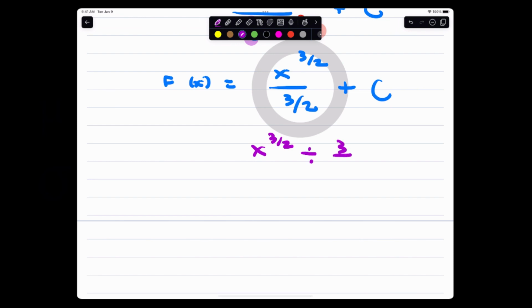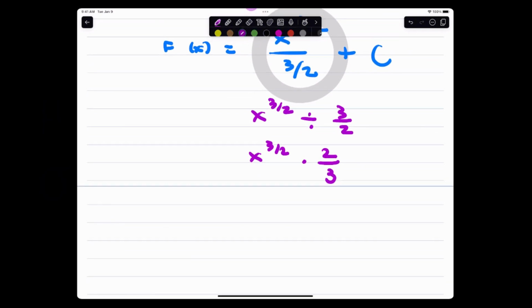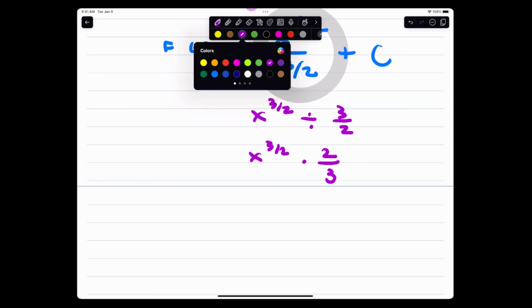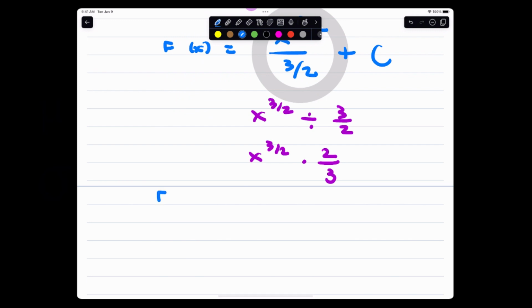I'm dividing by 3/2. Do you guys agree with that? How do you take a whole number and divide by a fraction? You multiply by the reciprocal of the fraction. Is that true? Okay. So I'll give you guys a little bit of algebra here. What that now means is your antiderivative function will be 2/3 x to the 3/2 plus c.